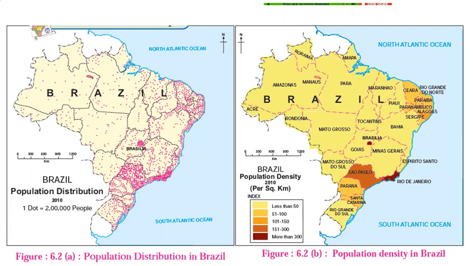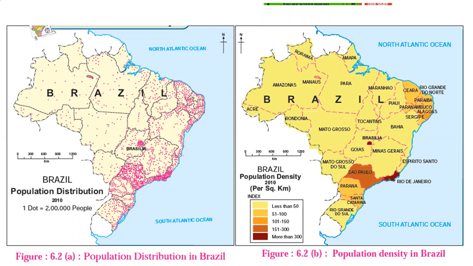Look at figure 6.2a. That's a map of Brazil showing population distribution. Like India, in Brazil also the distribution of population is affected by the physiography and the climate of the region.